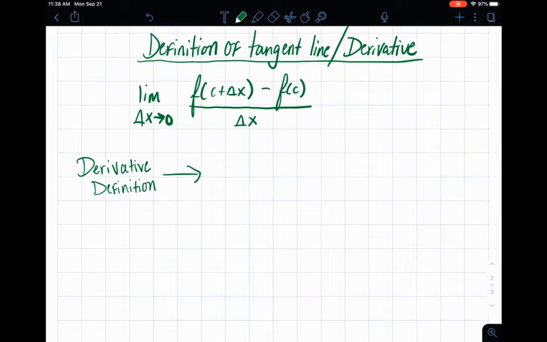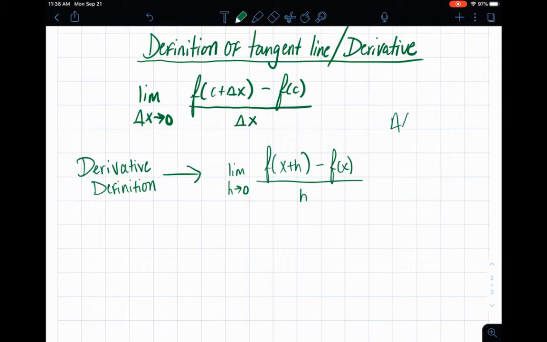We're going to say the limit as h approaches 0 of f of x plus h minus f of x over h. All we've done here, for the purposes of not having to write delta x a bunch of times, is replace delta x with h.